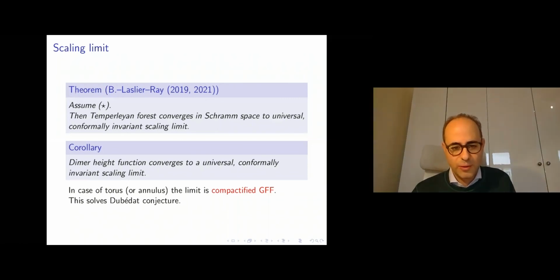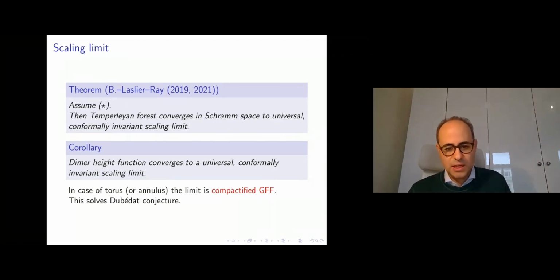And the corollary is that there is a notion of height function on these surfaces as well. And the dimer height function has a scaling limit which is universal, does not depend on the details of the graphs, and is conformally invariant. In the case of the torus or the annulus, the surface is sufficiently simple that exact computations become possible.